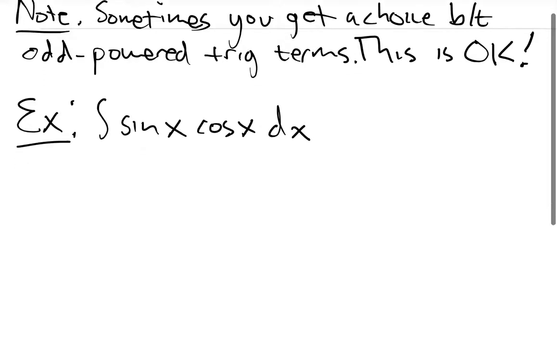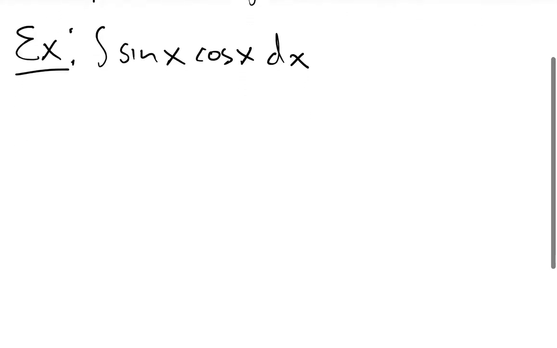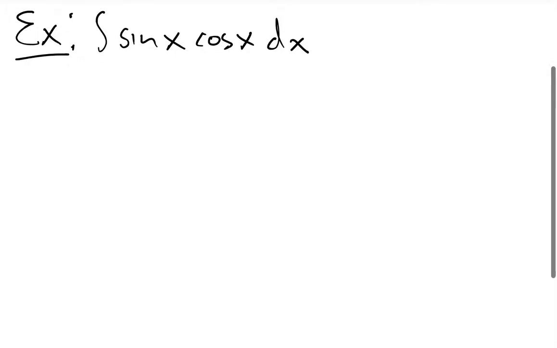Now, this is not an example that I actually have to do identities on, but it does count as an odd-powered trig problem. Both of these are to the 1. That means I could save either of these for du, and that also implies that I could actually use either sine or cosine for u. So I'm going to try this one of 2 different ways, and we'll see what we get.